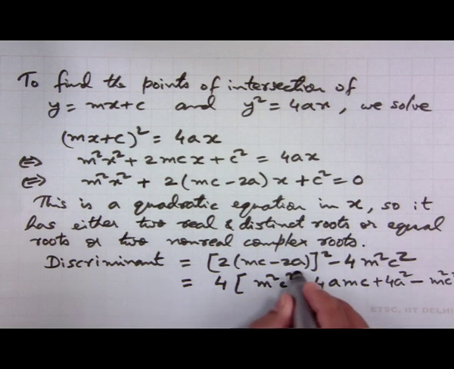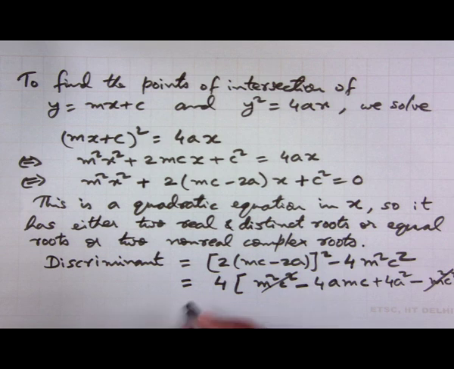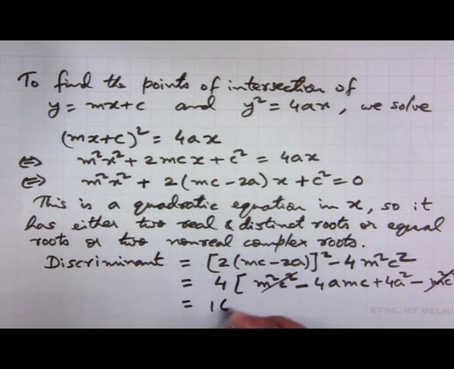So, m square c square can be cancelled, and this is equal to 16 times (a square minus a m c).